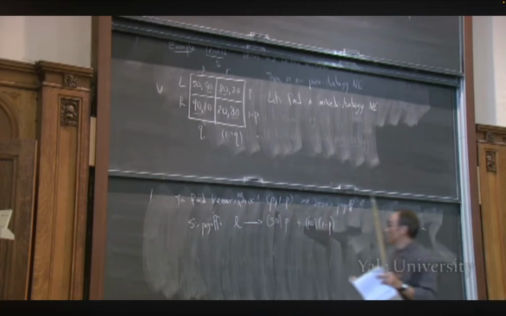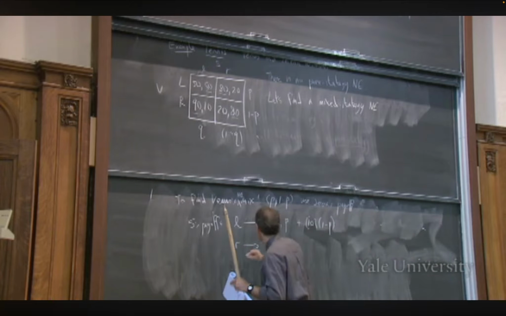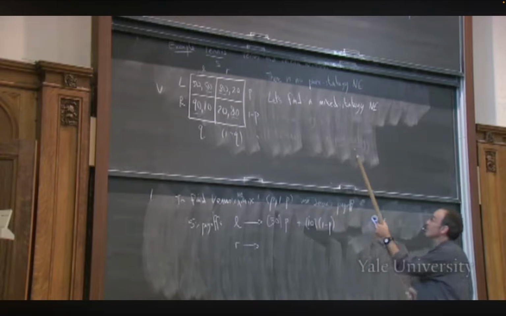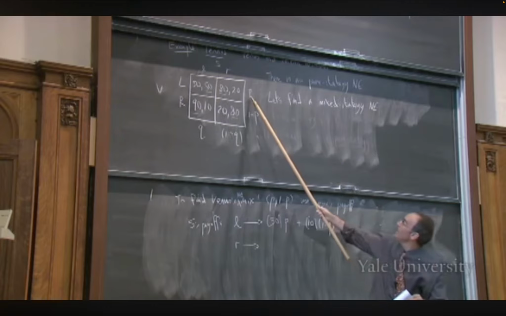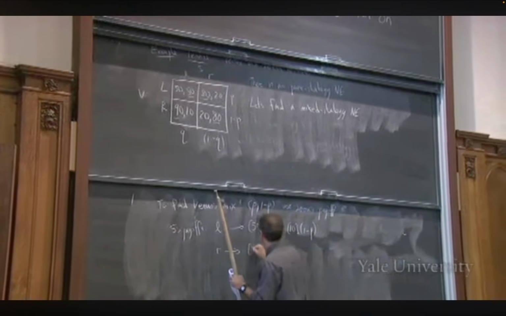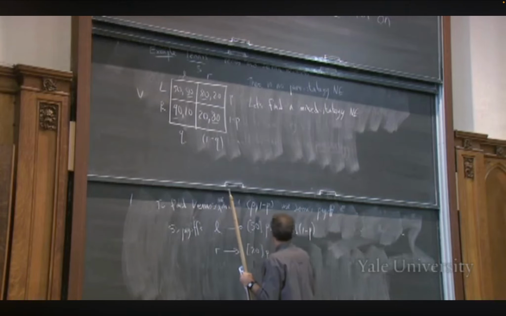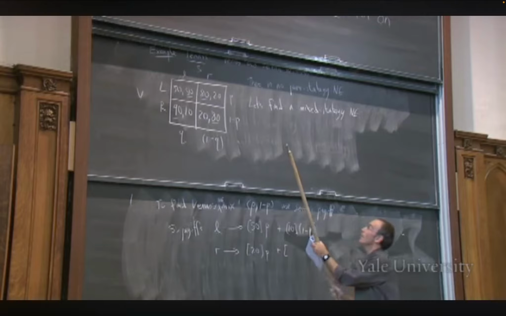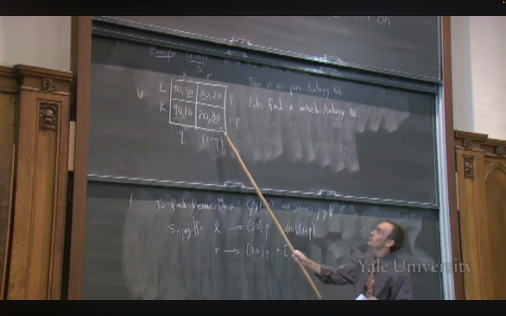And if she chooses to lean to the right, to lean towards her forehand, then with probability P she'll get 20, and with probability 1 minus P, she'll get 80.